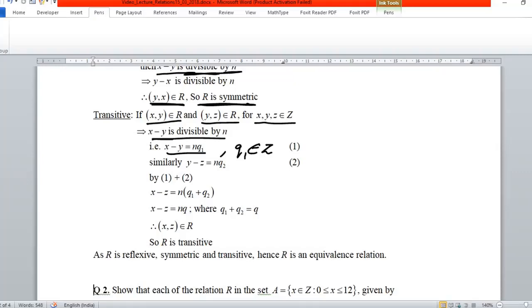Similarly, since (y, z) belongs to R, y minus z can be written as n times q2, where again q2 is some integer.